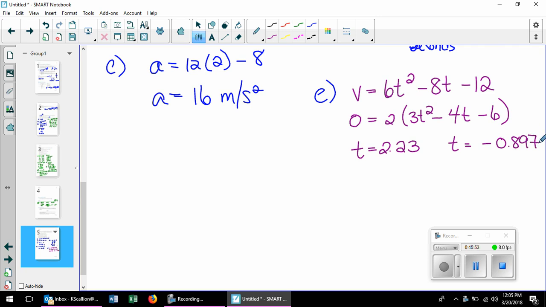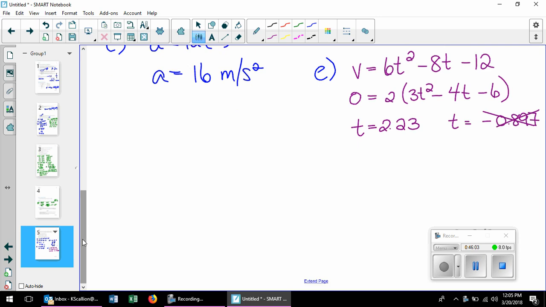Okay, I said the restrictions follow all the way through. So this one gets rejected and gets replaced with what? Your restriction, 0. And then we have 2.23 as our other one.